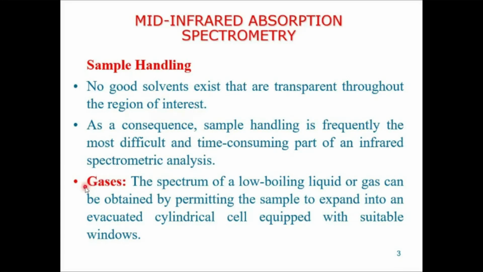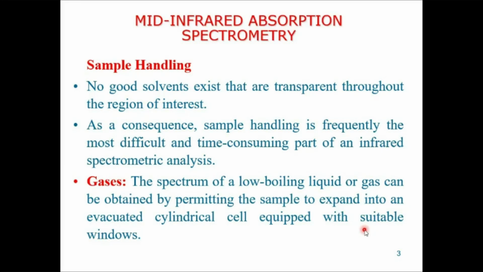In case of gaseous samples, the spectrum of a low boiling liquid or gas can be obtained by permitting the sample to expand into an evacuated cylindrical cell equipped with suitable windows. Another problem with gaseous samples is that you require a significant number of molecules to give you absorption and a significant peak height.